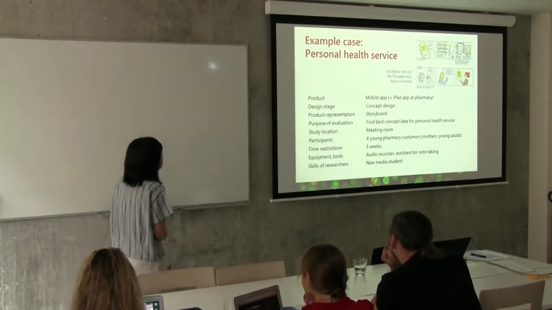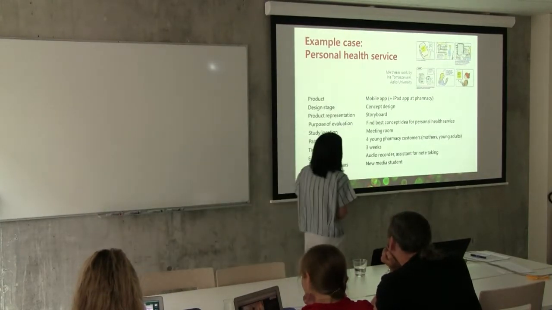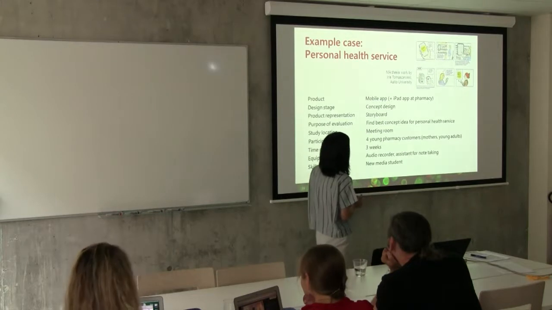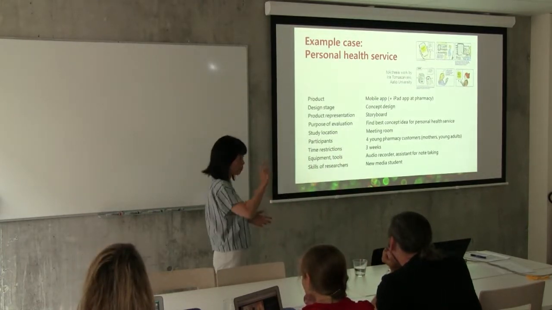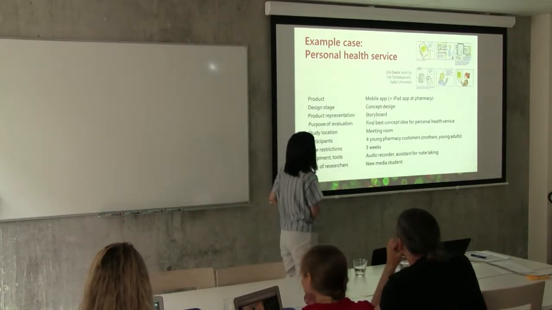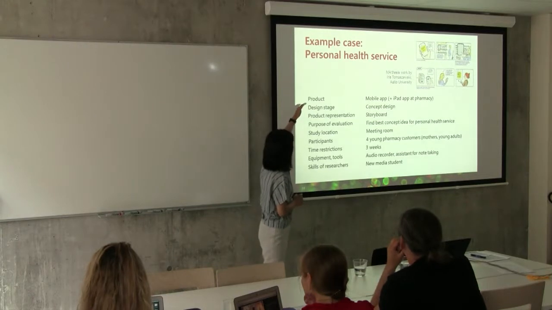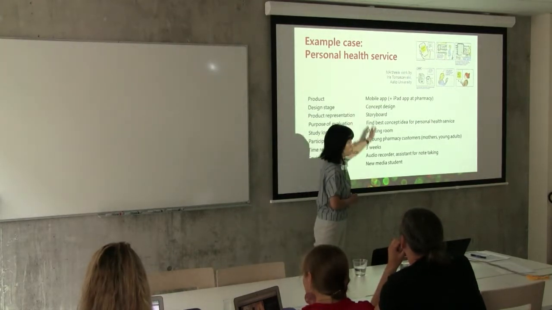So this is an example from an MA student. She developed a personal health service. These are the prototype, the storyboard that she has drawn, and some sketching there. Then this is the attribute that she considered, and this is the value of this attribute.